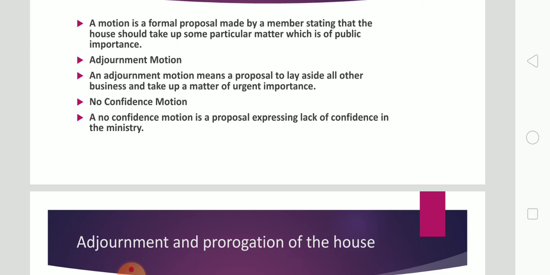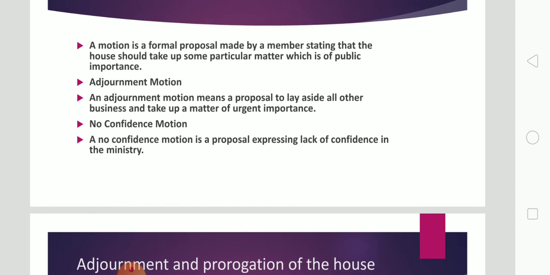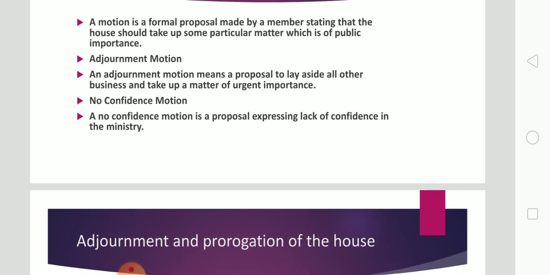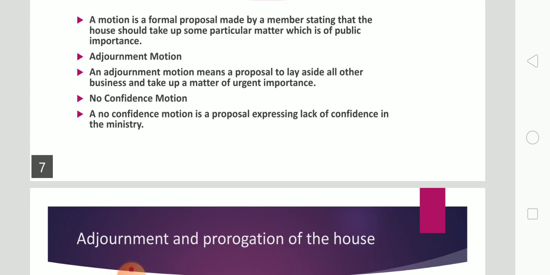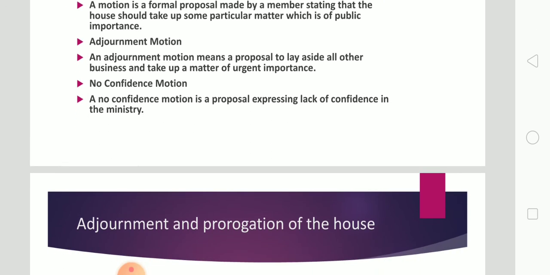The second one is called no confidence motion. A no confidence motion is a proposal expressing lack of confidence in the ministry. In the junior classes, you have studied how these governments are formed. Normally, after the election, the political party which got a majority will make the ministry. Sometimes no political party will get a simple majority.